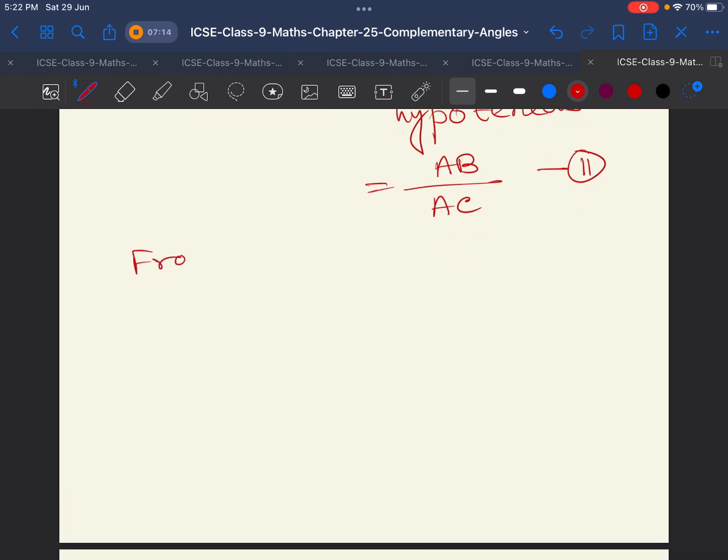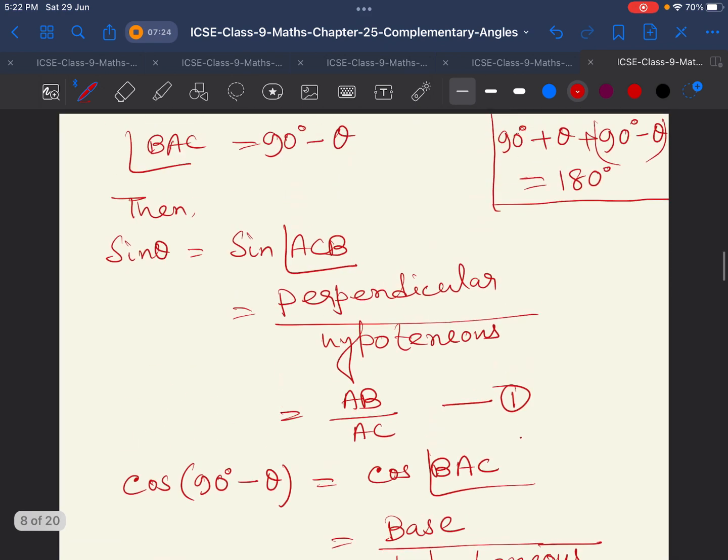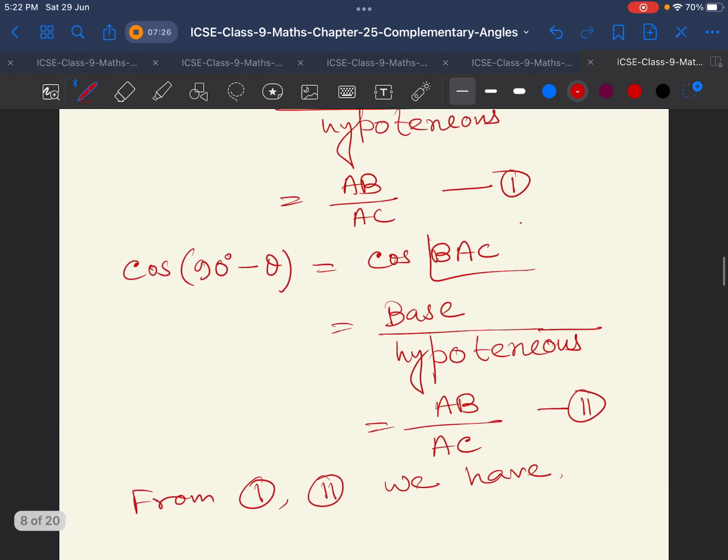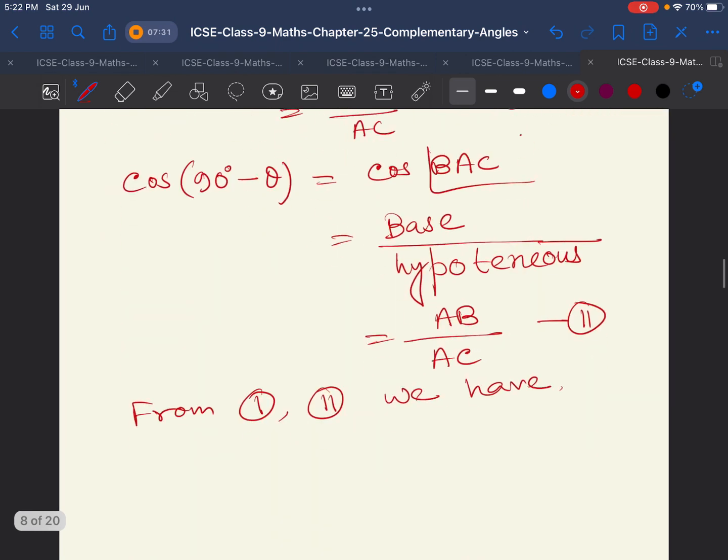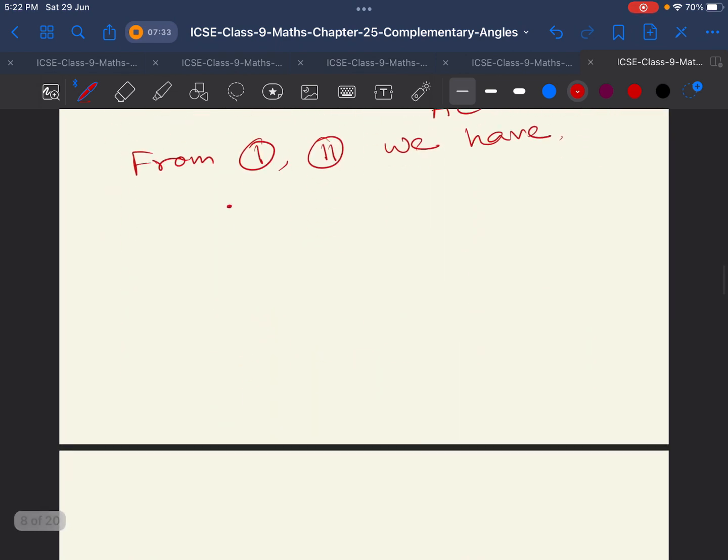So from 1 and 2, we get AB by AC on both sides, so sin theta equals cos of 90 minus theta.